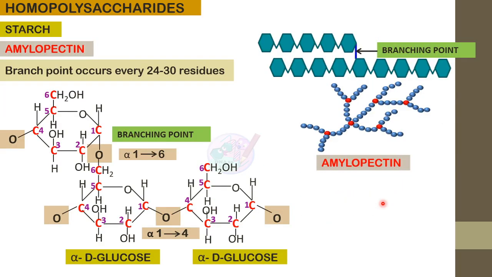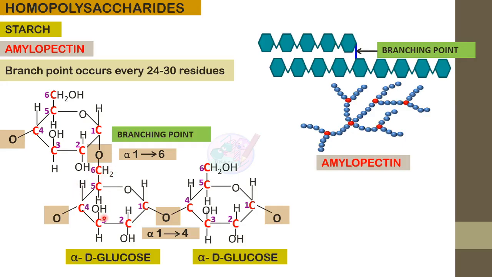Next one is amylopectin. So amylopectin is different from amylose. It is a branched structure. In the main linear chain it also has the alpha 1,4 linkage similar to that of amylose, but at the branching position it has a different linkage, that is alpha 1,6.